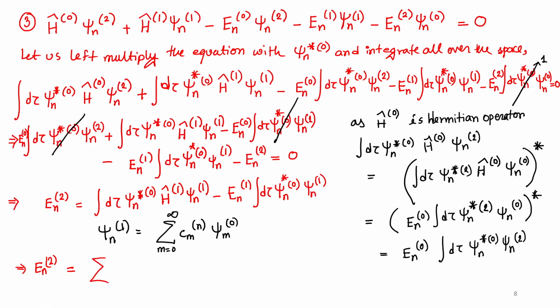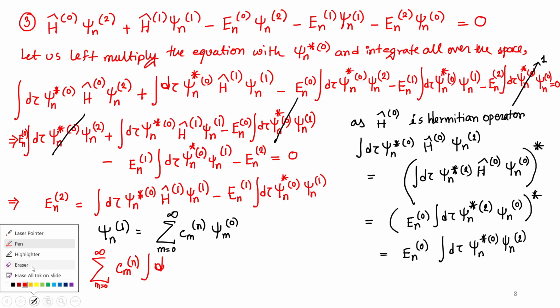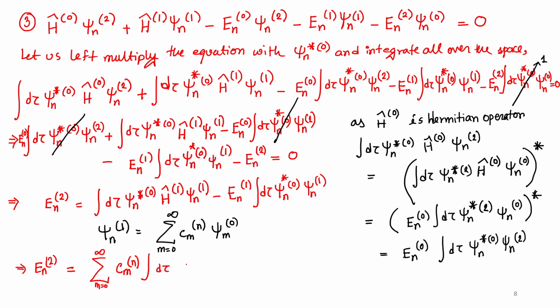So this is m equals 0 to infinity, now d tau is there, psi n star 0th first order perturbation, and then this 0th is there.